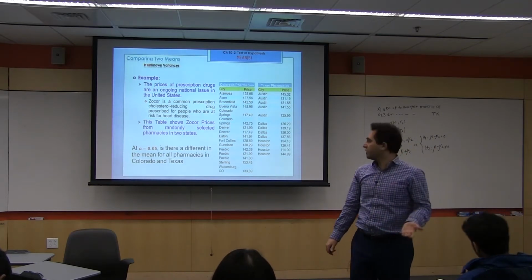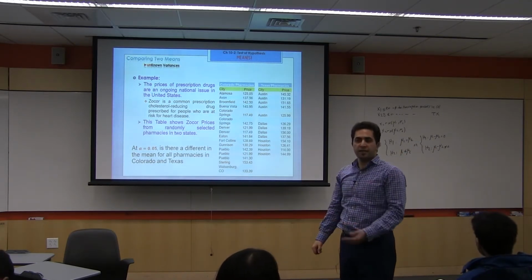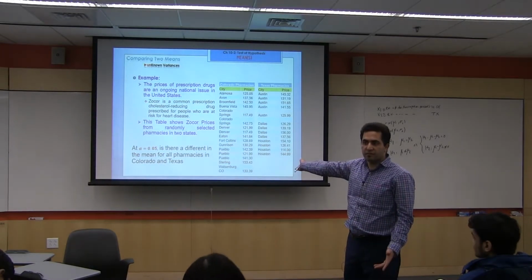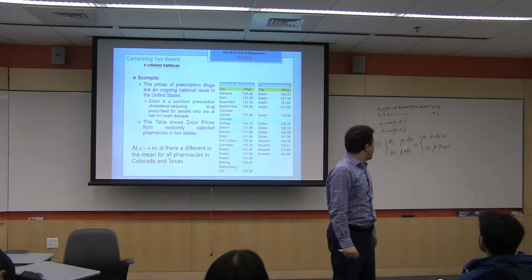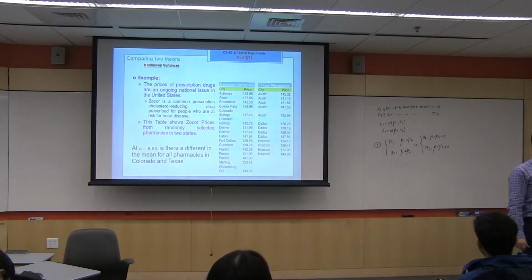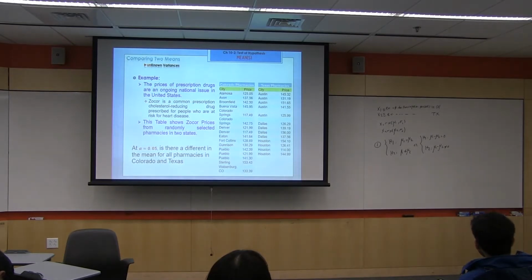I'm not saying whether Colorado is cheaper than Texas or not. Is there a significant difference or not? Therefore, it's a two-tailed test. So I'm writing the hypothesis like this: mu1 equals mu2, and mu1 is not equal to mu2, or mu1 minus mu2 equals 0 or not equal to 0. Either of those could work.